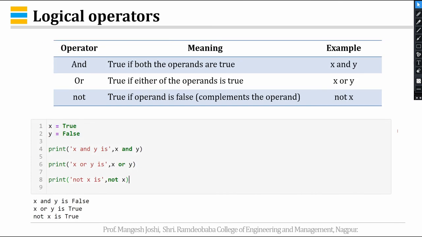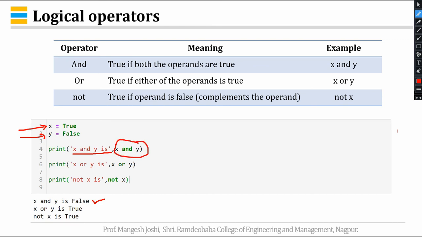So I have assigned the value x equal to true, y equal to false. Okay, so I am printing x and y, comma, this is the string x and y. So if both x and y are true, then it will return true. But x is true and y is false, and hence the output of this combination is false.